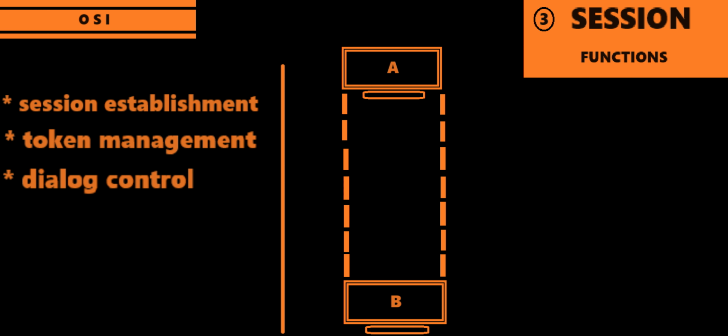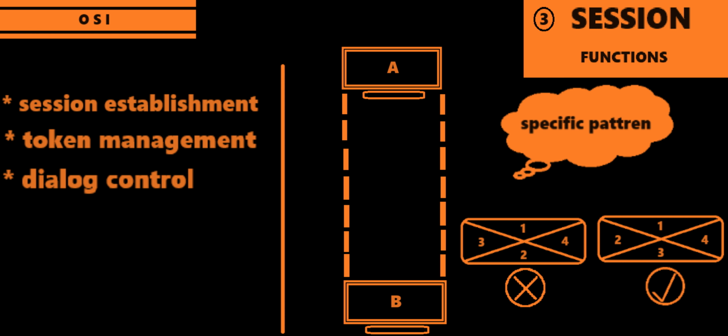Another function for the session layer is dialogue control. The session layer involves managing the flow of information between two devices during a communication session. It ensures that data exchange follows a structured and coordinated pattern, allowing both parties to take turns in sending and receiving information.